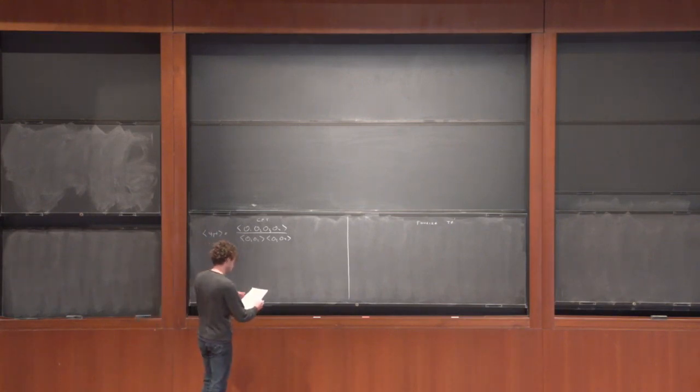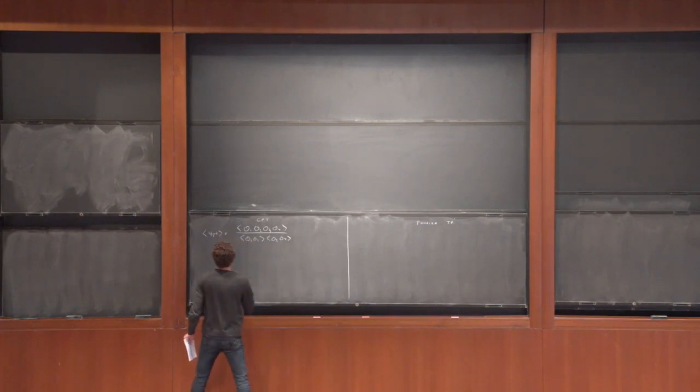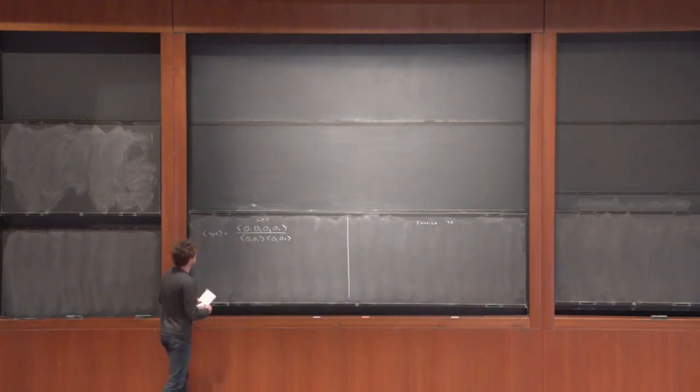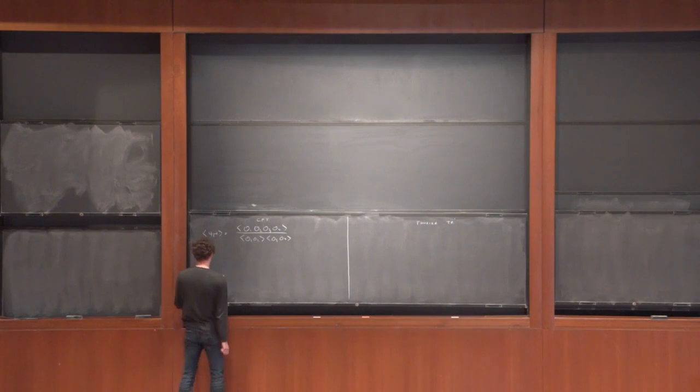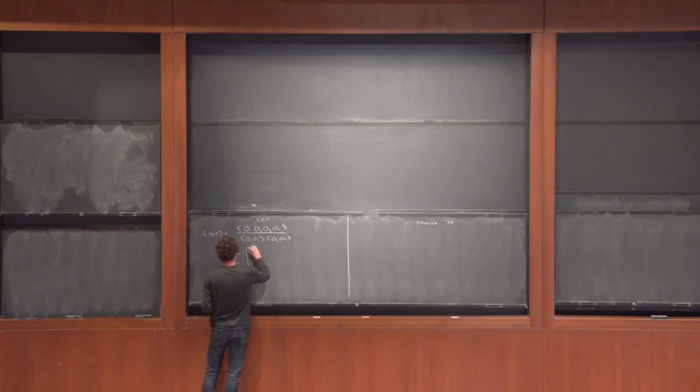Okay. So there are different ways of thinking about this object. And one way of thinking about this is as a vector in a Hilbert space. So we can think about this function as an element in a vector space of functions. And then we can expand it in a basis for that Hilbert space.